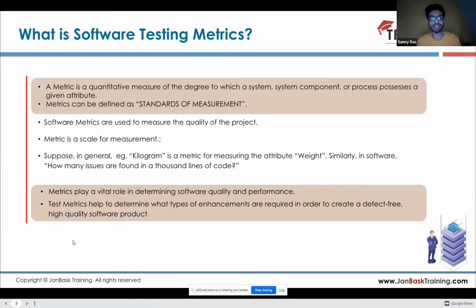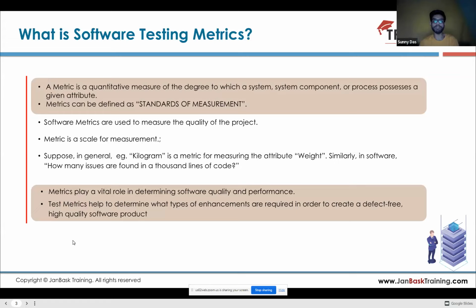Okay. So what is a software testing metric? What do you understand by metric? Some calculation. Yeah. So metric is basically measurement, measuring an attribute, right? Like when we talk about weight, kilogram is a metric for measuring weight.